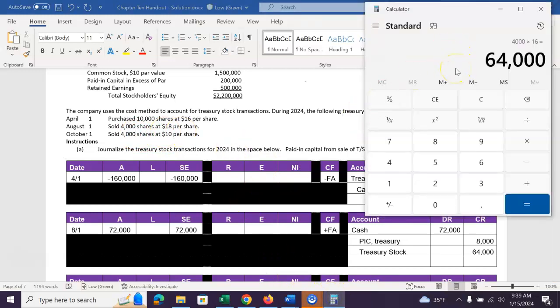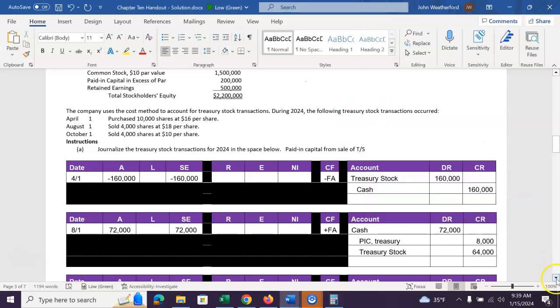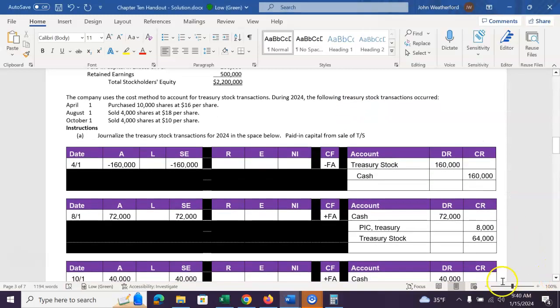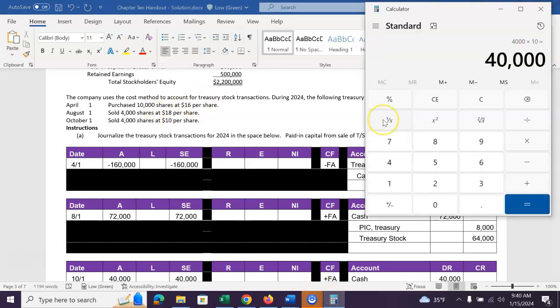This is probably overkill, but 4,000 times the 10 gets you 40,000. And that's our debit to cash, right? Cash increased by $40,000. Now, treasury stock needs to come off the books at its cost. Well, that's going to be 4,000 times 16.